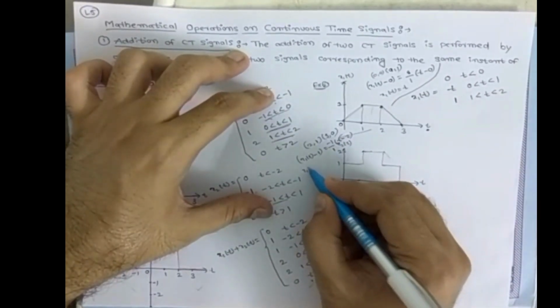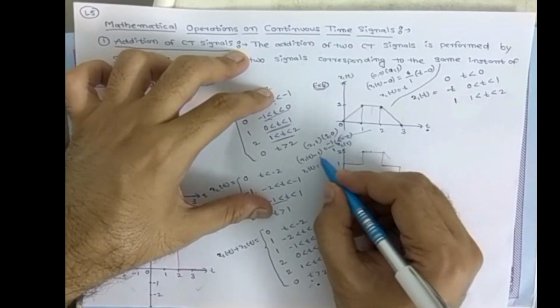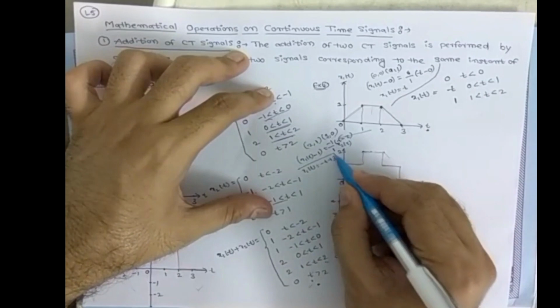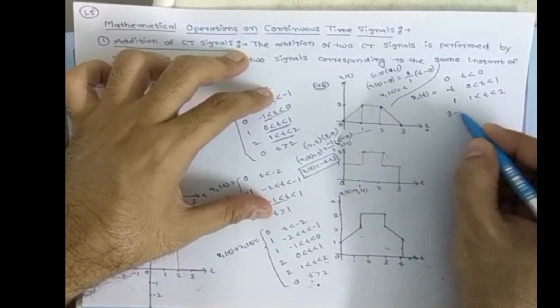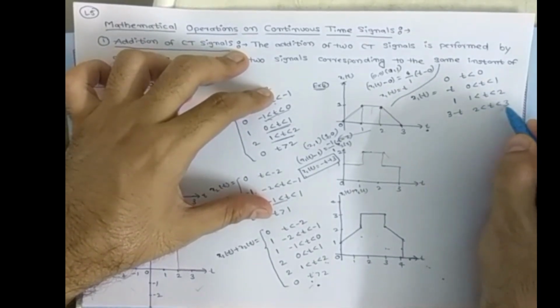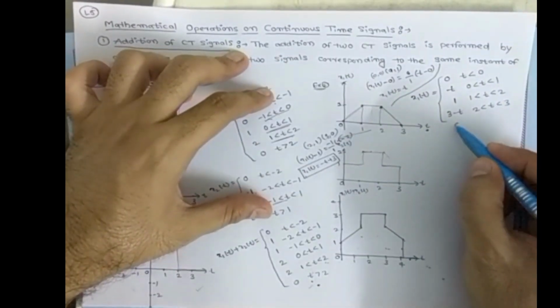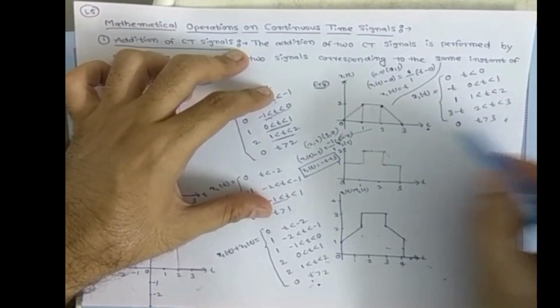So x1 of t equal to minus t plus 3. So here we are getting 3 minus t for 2 less than t less than 3, and 0 for t greater than 3. So this is the mathematical equation for this signal.